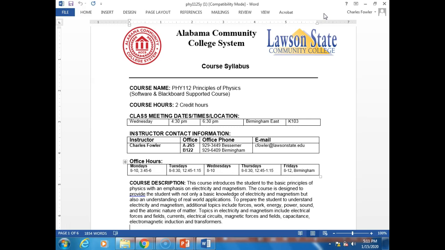Then magnetic forces and fields. Chapter 18, Introduction to Magnetism, magnetic effects of current, 18.1 and 18.2, and then 18.7 is magnetic forces on moving charges. Okay, so 18.1, 18.2, and 18.7. Okay, that's magnetic forces and fields.